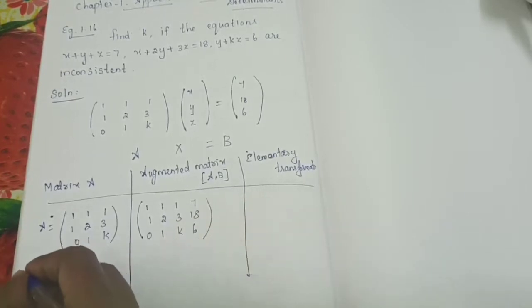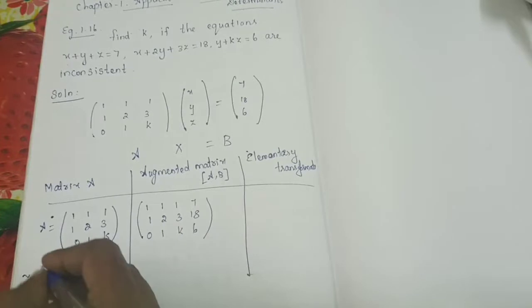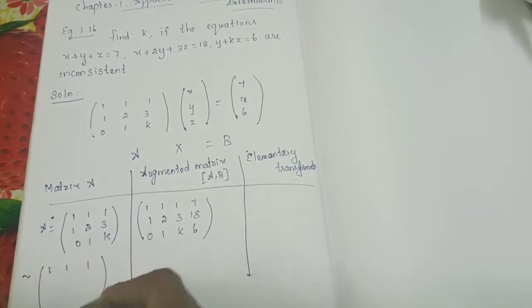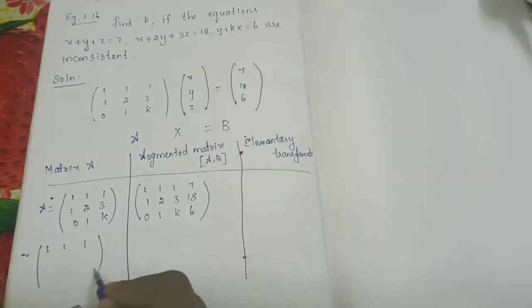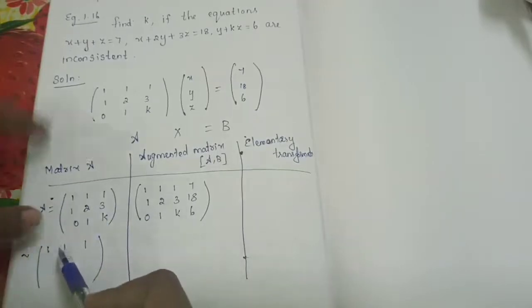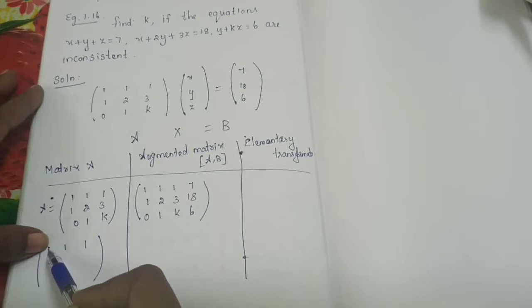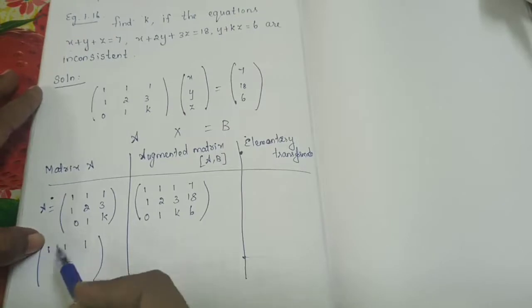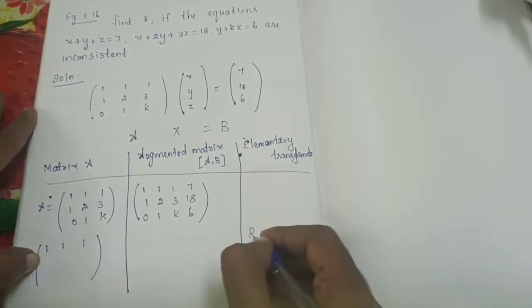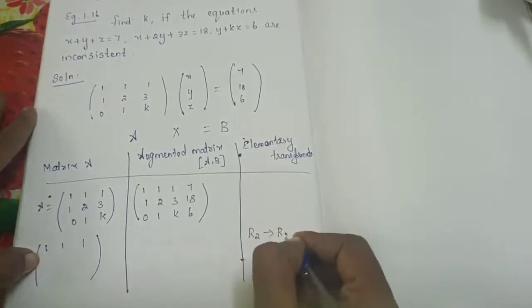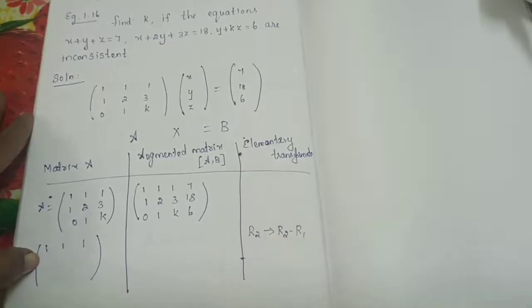It is equivalent to, first row as it is. As I taught you in many problems, the first row is a non-zero row, and its first element must be non-zero, so the two elements below it must be 0. I change R2 to R2 minus R1.